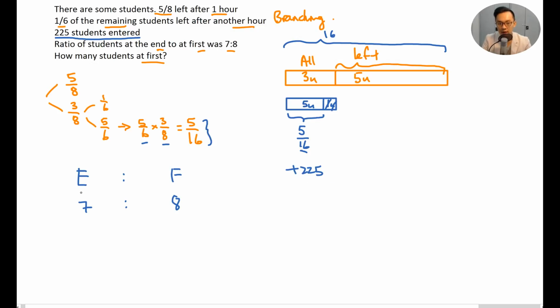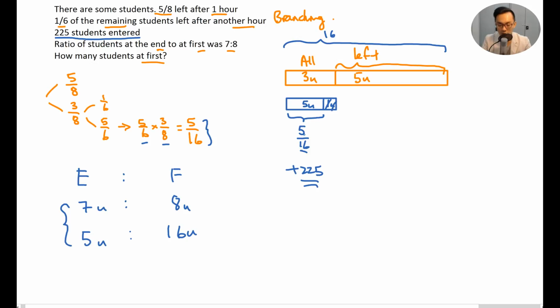Then it became 7:8. So you need to realize that this 16 is actually the first, which is over here, 16 units. And 5 units is actually here, 5 units. And this 225 is actually the difference between these two states, okay?